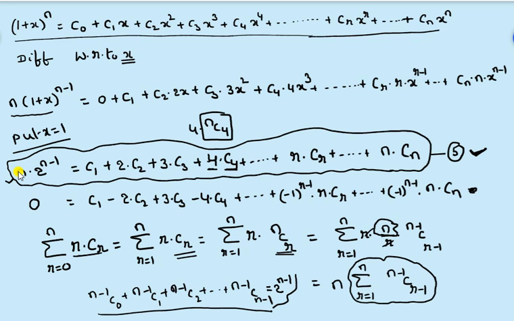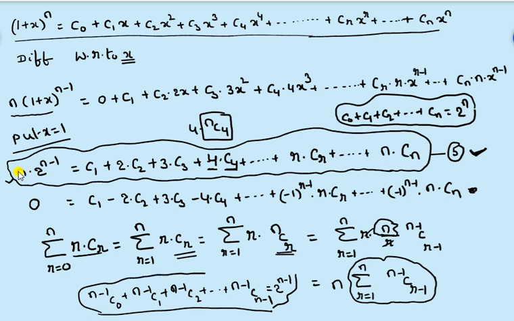Because as we discussed, C0 plus C1 plus C2 plus and so on plus Cn, the sum of the binomial coefficients, is 2 to the power of n. That is the first property we discussed. In a similar way, we can write this one as 2 to the power of n minus 1. That's why this is equal to n into 2 to the power of n minus 1. That's another way of proving the same result.